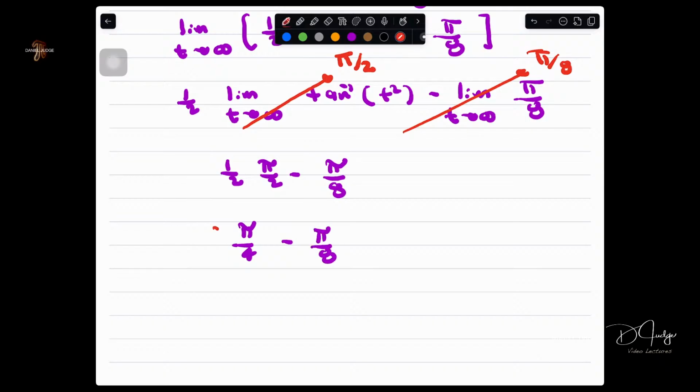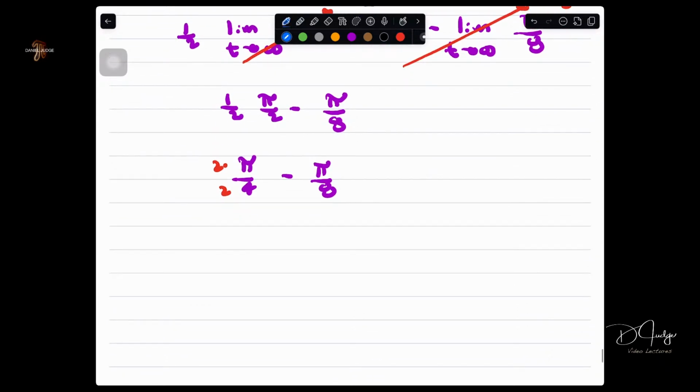Now, multiply the top by 2, the bottom by 2. This will be 2 pi over 8 minus pi over 8. Your final answer is pi over 8. That's a finite value. That's convergence here.